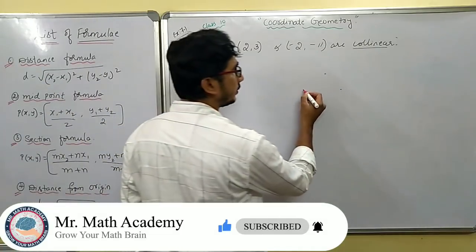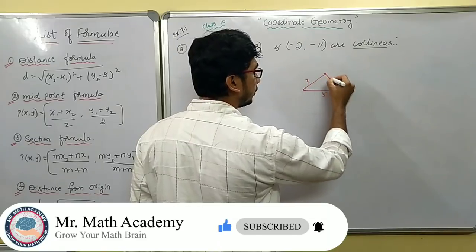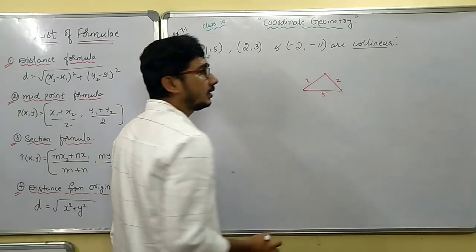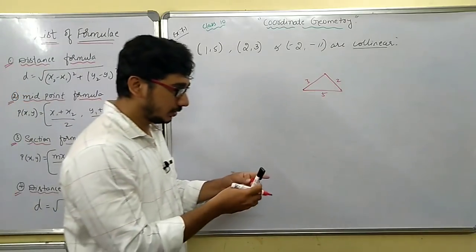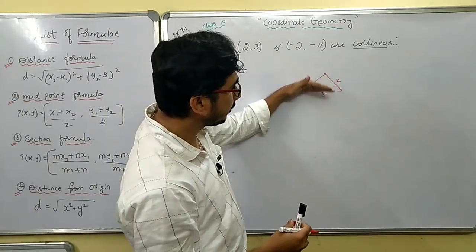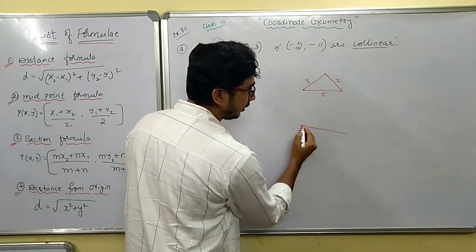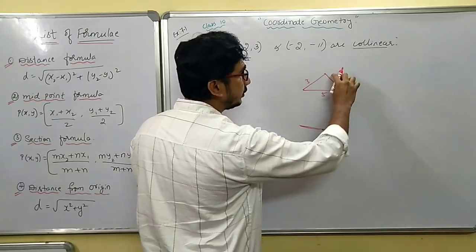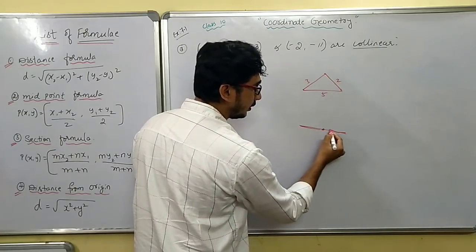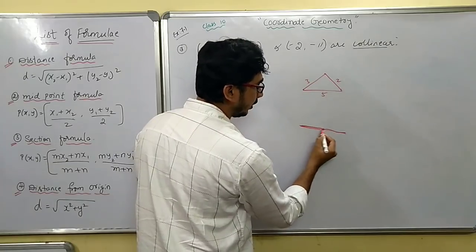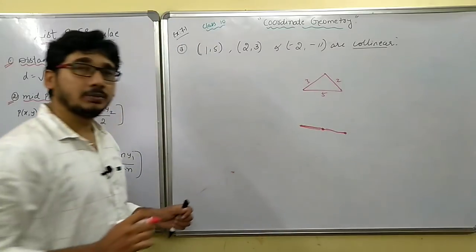Suppose this is 5 centimeter, this is 3 centimeter, this is 2 centimeter, definitely you will not get a triangle, because this 3 will come and sit on the 5 line, and the 2 will come and join here. All 3 will be in a straight line. So this will become collinear.